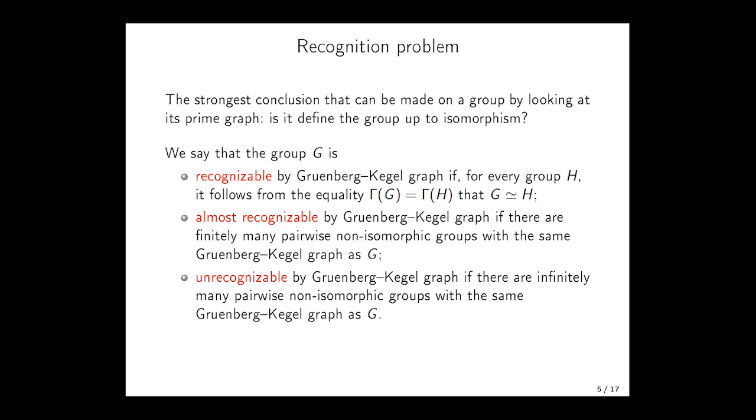And actually, I'd like to tell a bit more about almost recognizability. You see, when we have established almost recognizability of some group, there's still a lot of work that can be done. For example, you can answer the question: how many groups have the same Gruenberg Kegel graph as G, or give a list of those groups with the exact isomorphism types.